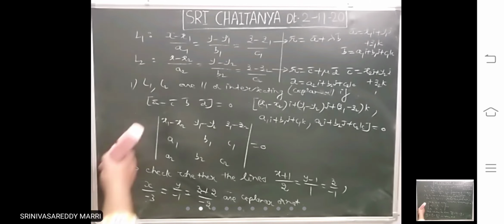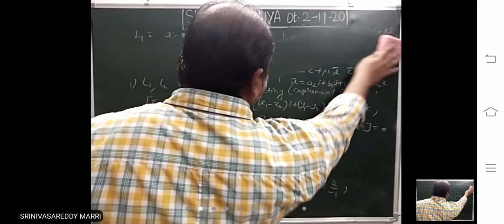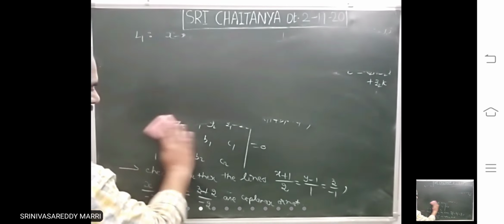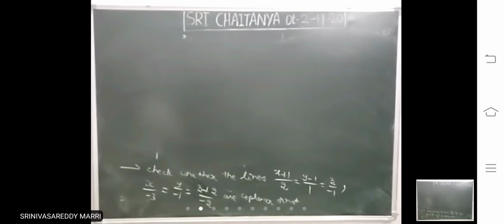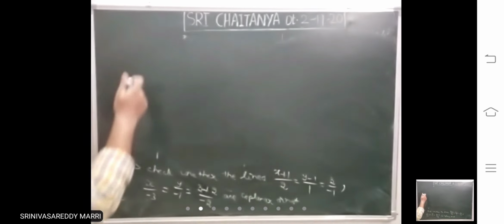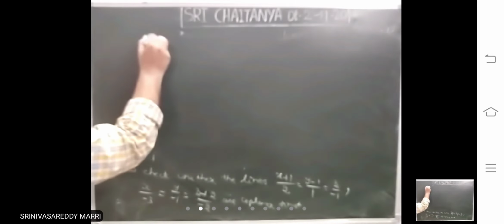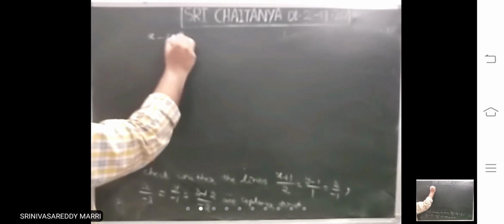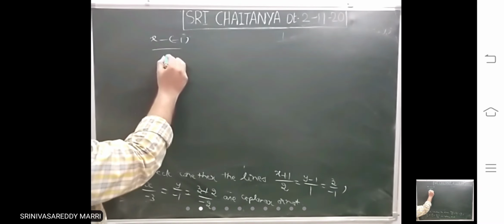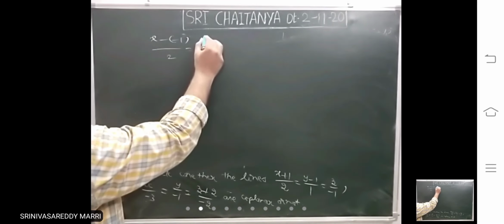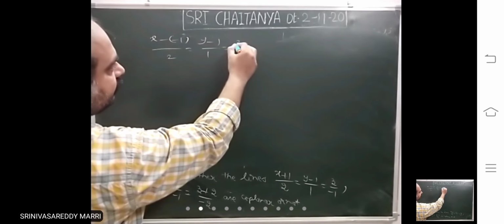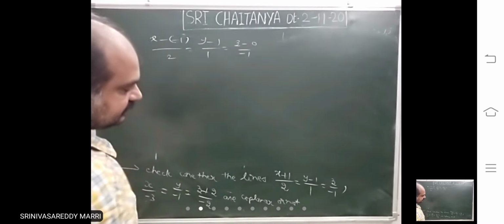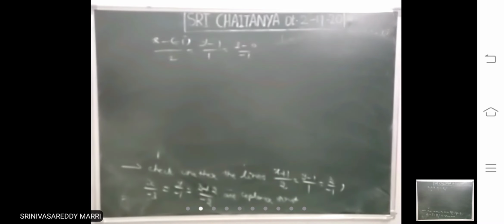Coplanar or not means you have to find the determinant. Look at it. The first line is like (x minus of minus 1) divided by 2, y minus 1, in the form x minus x1, y minus y1. z minus 0 divided by minus 1, line 1.